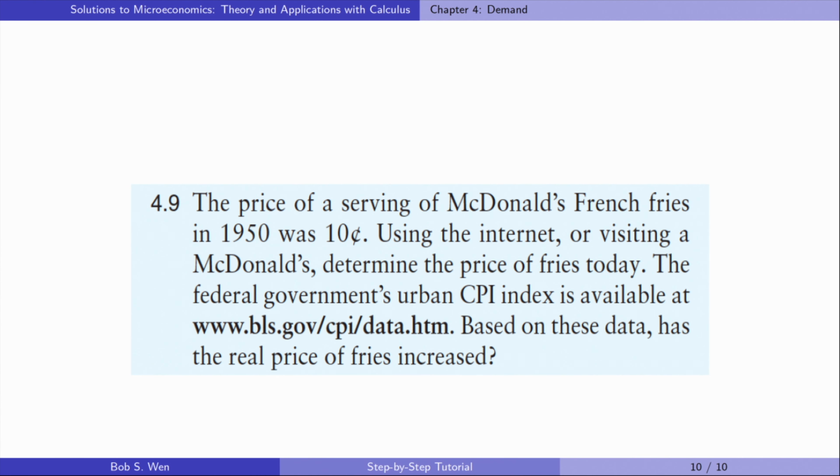Let's do exercise 4.9. The price of a serving of McDonald's French fries in 1950 was 10 cents. Using the internet, determine the price of fries today. Based on the federal government's urban CPI index data, has the real price of French fries increased?